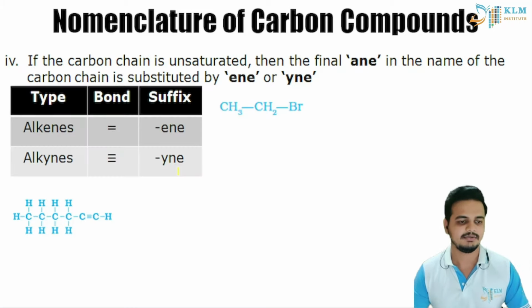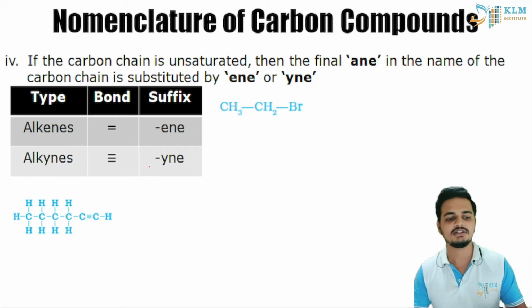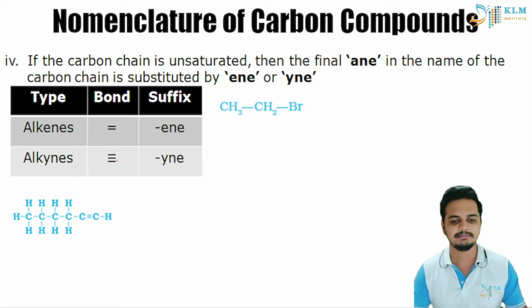So next we will see the fourth. Now we have seen the compounds which have single bonds. But what if the carbon chain is unsaturated? That is, it has double bonds or triple bonds. So it is very simple.